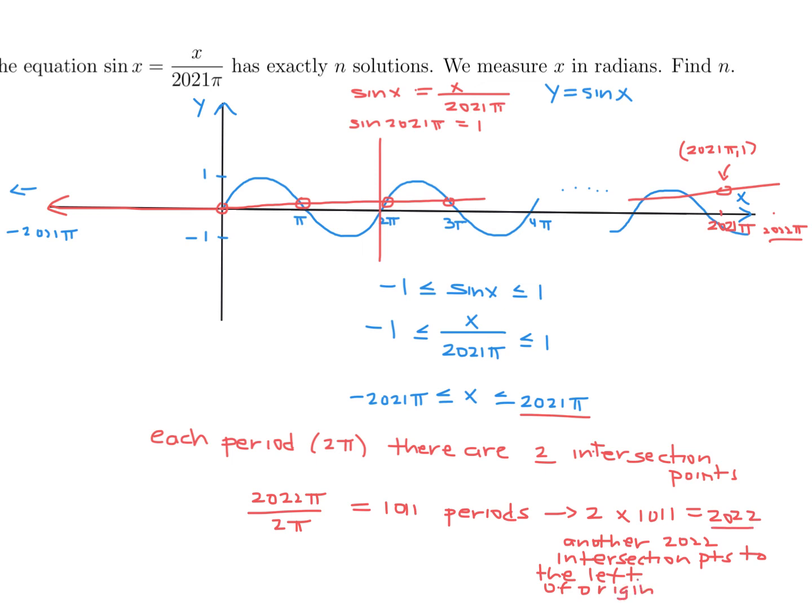Okay, so we got 2022 plus 2022. But don't forget one very, very important thing: we've counted the origin twice, right? We counted it in this calculation and we counted it in this calculation. So because we counted it twice, we have to subtract it once. There you go. That's the complete solution. And when you do this math, it comes to 4043.